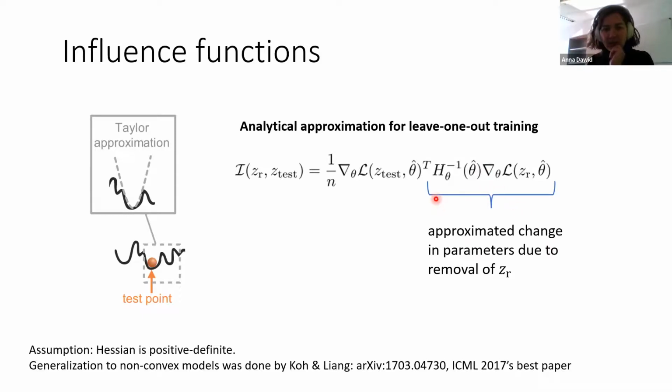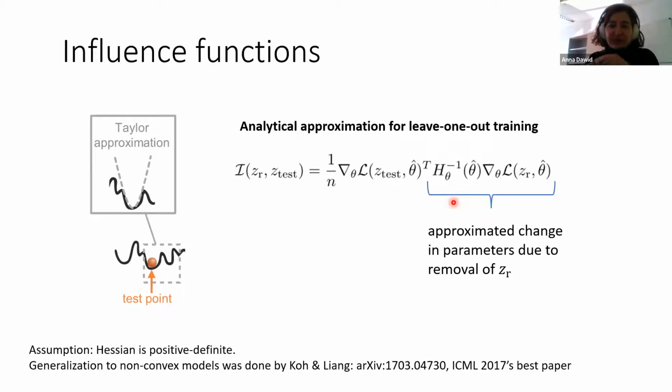In the first step, we need to approximate how much your model changes after removal of a single training point. By how much your model is changing, we mean how the parameters of the model change. So where is the new minimum of your training loss function after removal of the single training point?